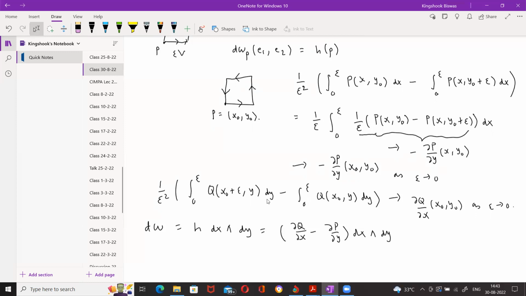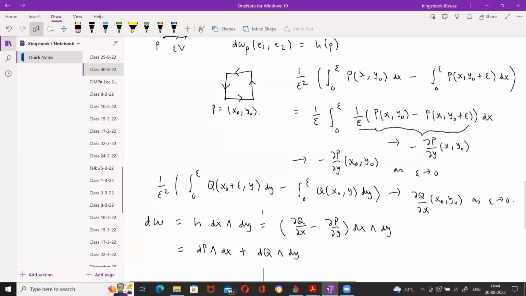And in fact, what would this be? I had p dx plus q dy. This is actually equal to dp wedge dx plus dq wedge dy, because let's do this calculation. I hope the signs are not mistaken. It should come out all right.